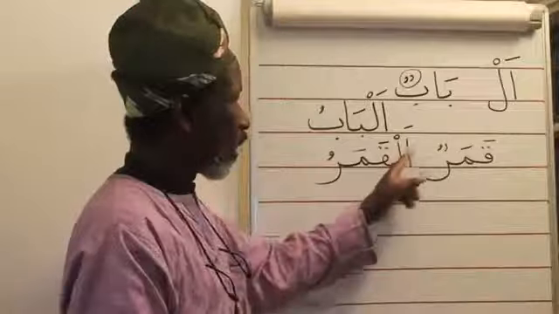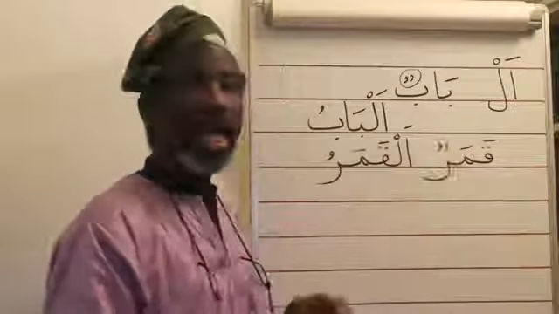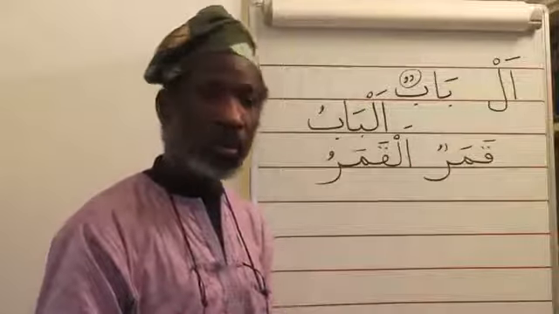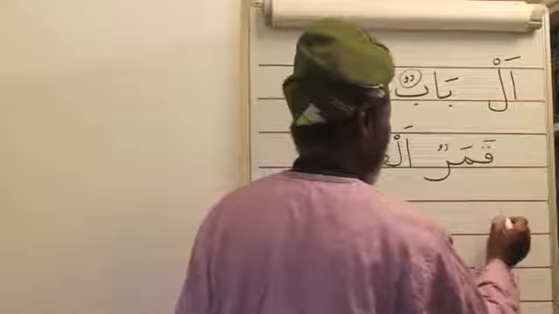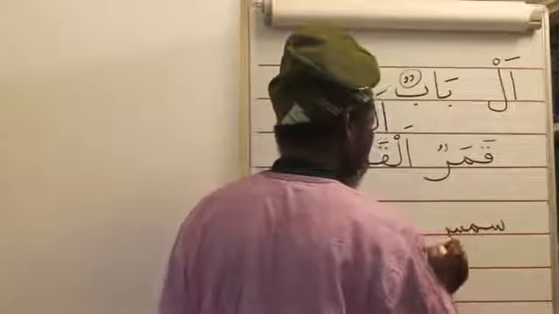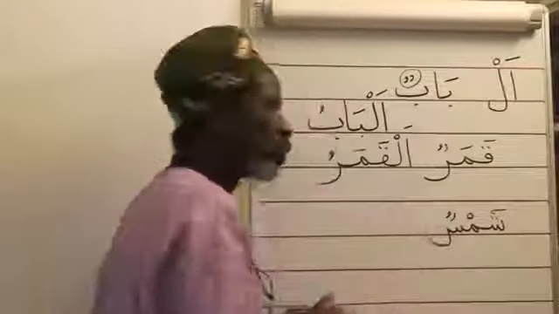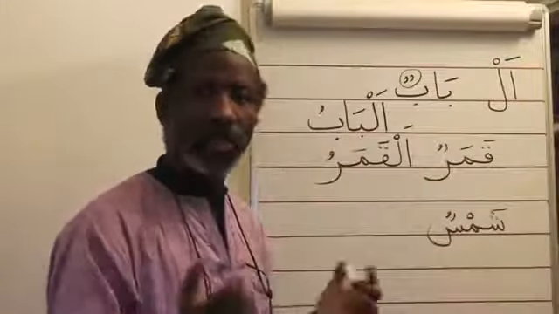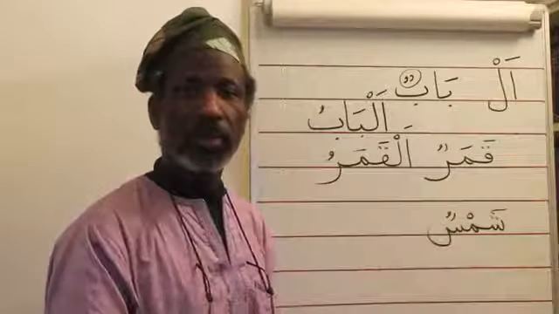Again, we pronounce the al and then we reduce the un to a u. Al qamaru. What about this? If I say shamsun, shamsun means a sun, a moon, a sun.